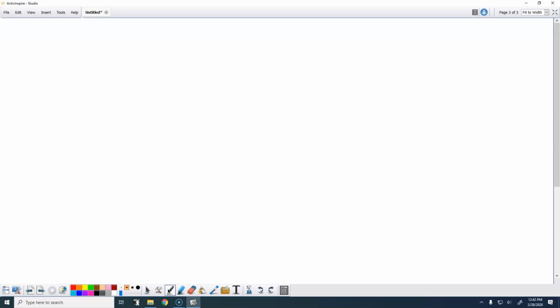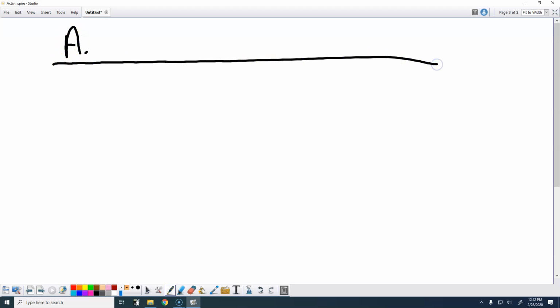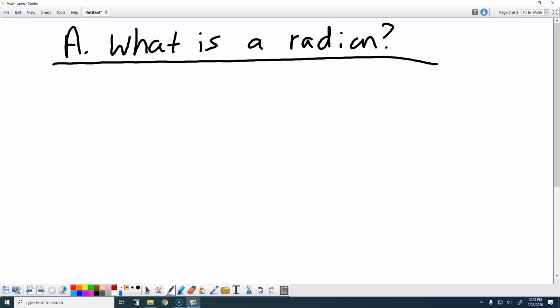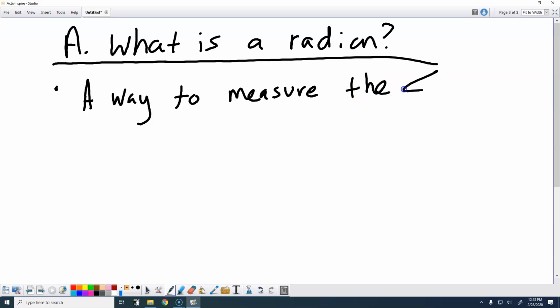And so let's go ahead and write down the definition then of a radian for our notes. What is a radian? Okay. First of all, it's a way to measure the angles of a circle.